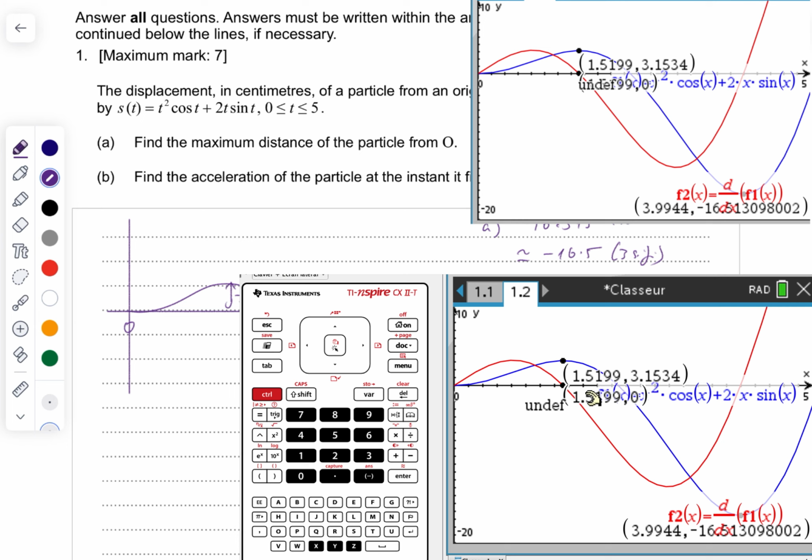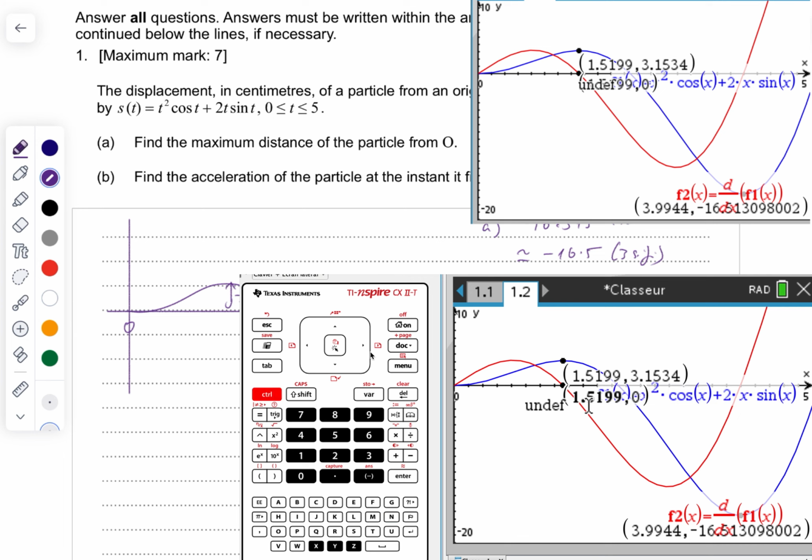That's not good. Let's try that again. Let's take this value here and store that variable. So over there, store the variable and call it change direction 1, x. That's the first change direction.